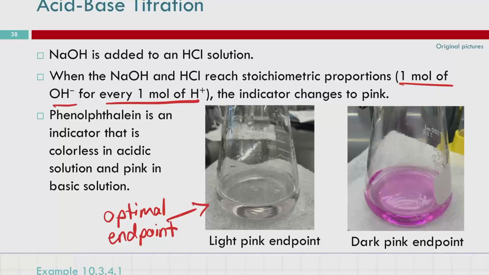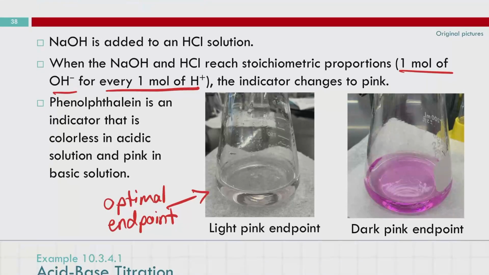So if you get to this dark pink endpoint, you wouldn't know necessarily if you've gone 1 drop over, 10 milliliters over, or 4 liters over. There's no telling how far over you've gone. So if you stop at this light pink endpoint, that's ideal, but there is some luck involved in that, as we'll see in 2 weeks during our lab.